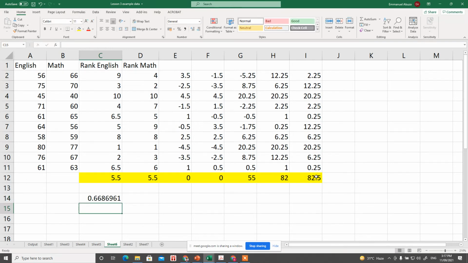That is equal to 0.668. So that's the raw coefficient.